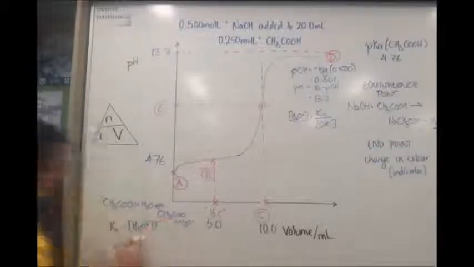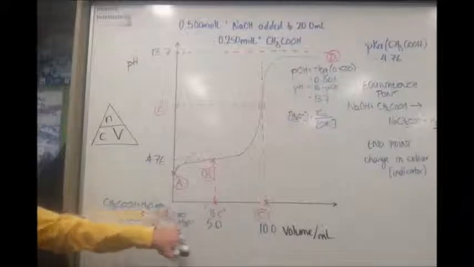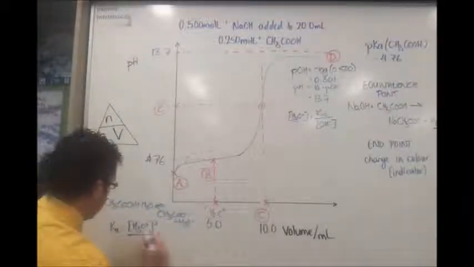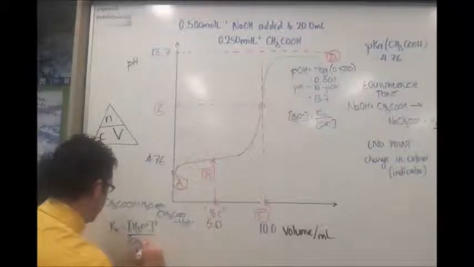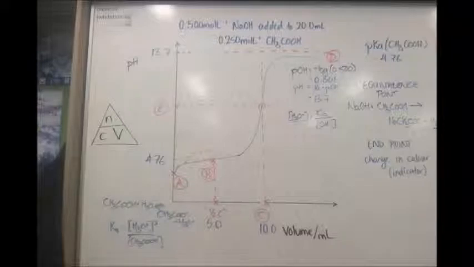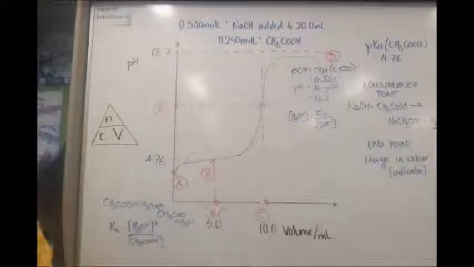And I'm sorry, I'm going to summarise it straight away to be hydronium squared, because we're going to assume these two are the same, over the concentration of the acid. So rearranging that, the hydronium ion concentration is going to be the square root of 10 to the negative 4.76, so that's our Ka, times 0.25, because that's our concentration.